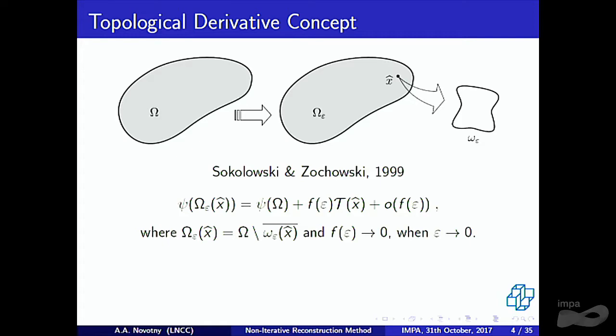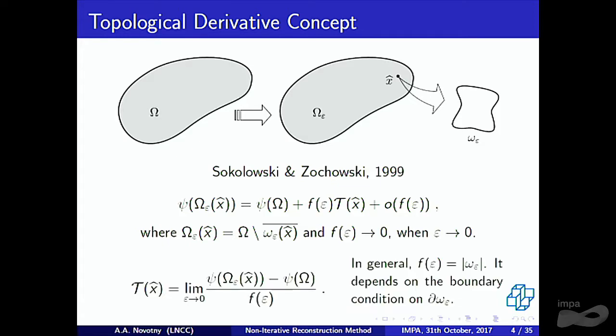Here, f epsilon goes to 0 when epsilon goes to 0. And based on this ansatz, we can define the topological derivative. The topological derivative is written as this object tau of x hat, which is given by this limit. Since we pass to the limit epsilon going to 0, the topological derivative is defined through quantities associated to the original domain, as any derivative.